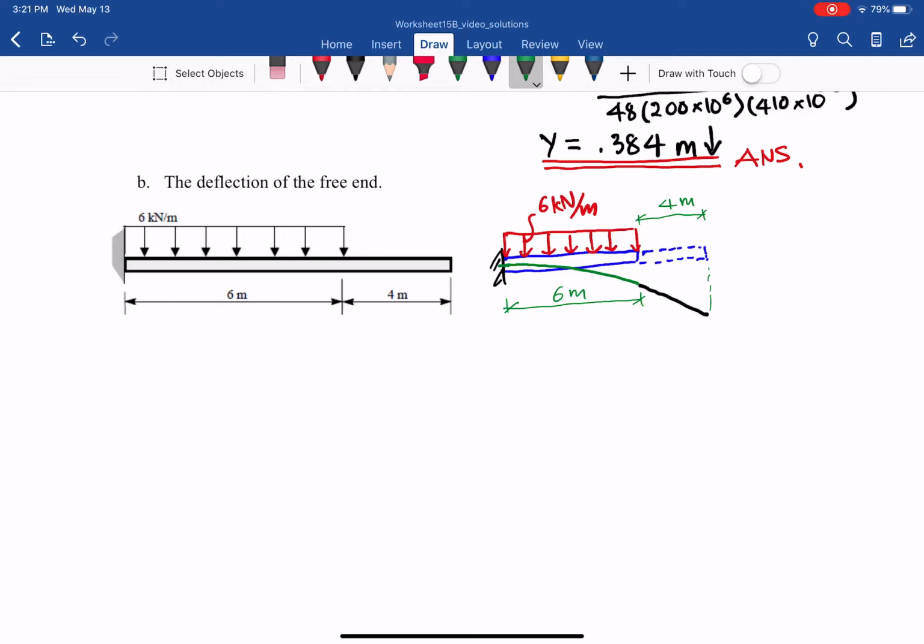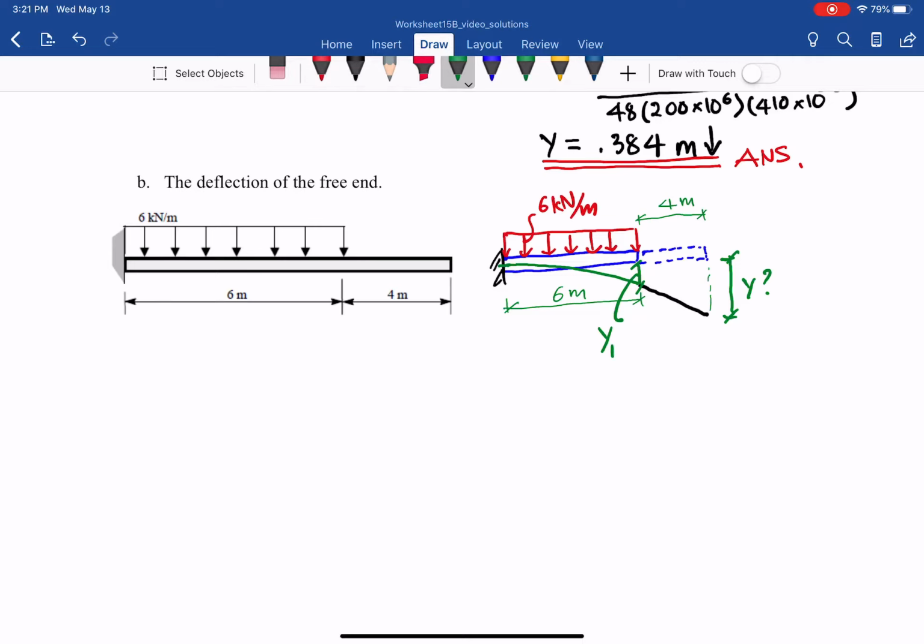This is the deflection we want to find: the deflection at the free end of the total cantilever of 10 meter length. From figure 2, I can find the deflection y1 at the end of the 6 meter.